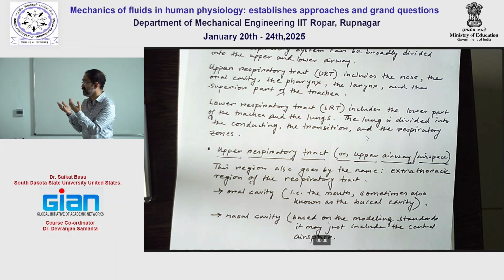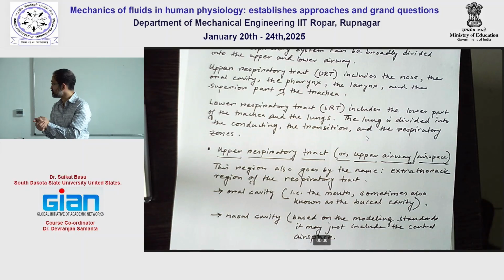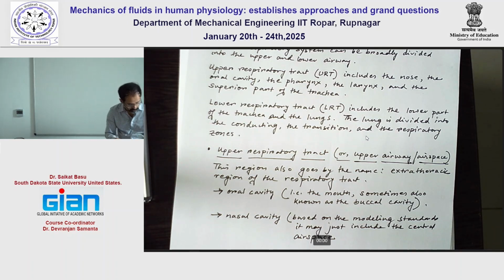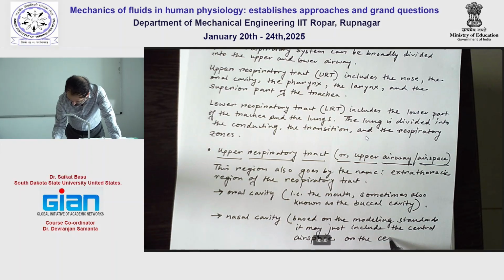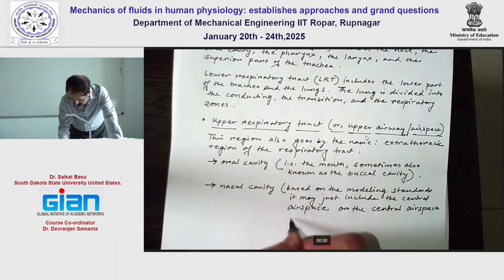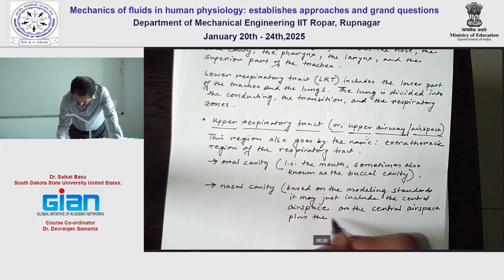But what if you actually want to send drugs to the sinus cavities, which is what I was doing 8-9 years back as a postdoc. The target site was sinus cavity because the disease that we were trying to treat was the sinus inflammation. So then you do have to include these cavities. So based on the modeling standards, it may just include the central airspace, or the central airspace plus the sinus appendages.